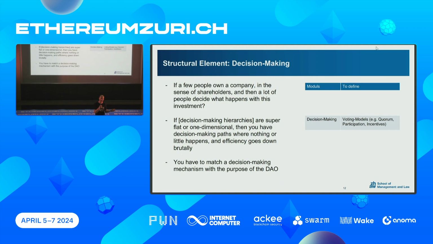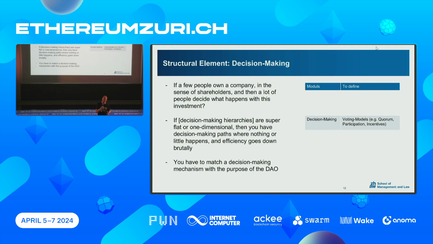People might say everyone should have one vote, so one person, one vote. On the other hand, you have token-based voting, where the ones with more tokens have more power. What is fairer? It's difficult to tell, because if a person invests many resources in a project, you could also argue that the person has the right to have more decision power in an organization.